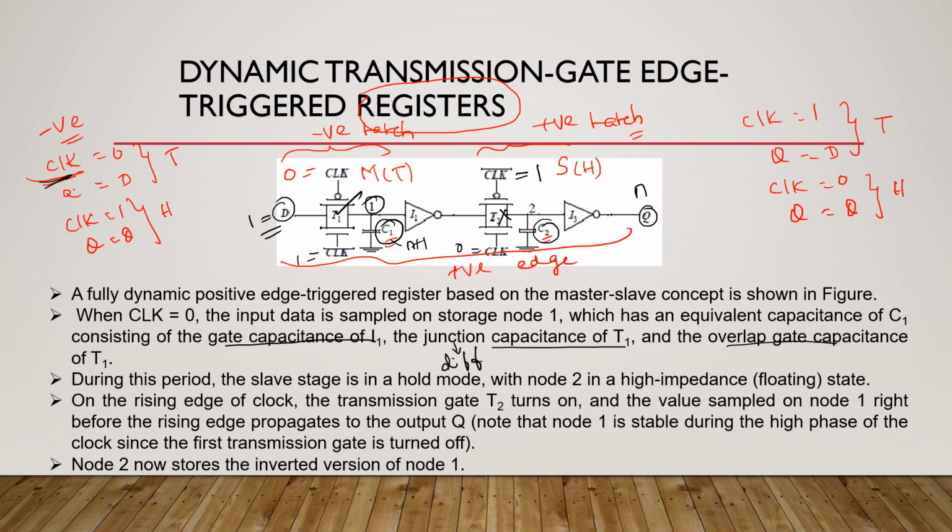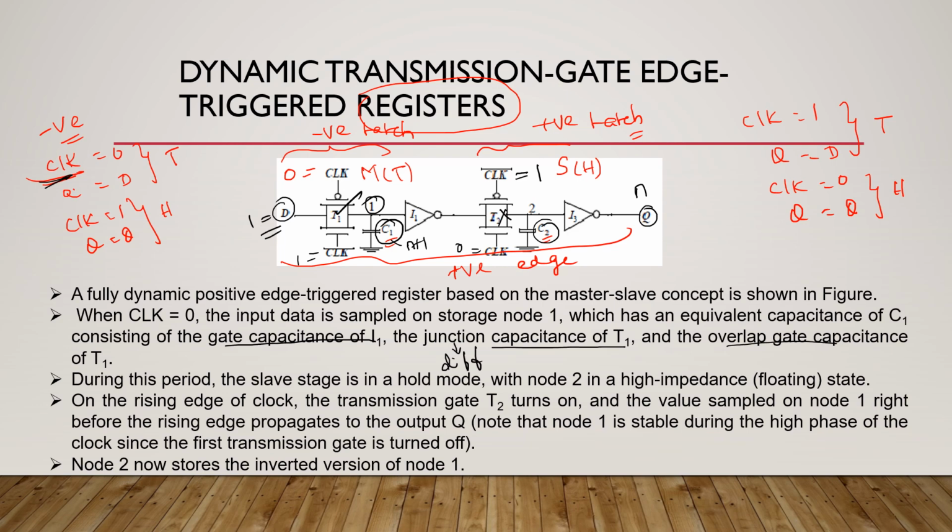That's why we make only one latch on at a time. Both should not be on at a time. If both are on, the nth data as well as the n plus 1 data will collide with each other. Clear everybody? Okay. So this is the concept of the dynamic transmission gate edge triggered register.